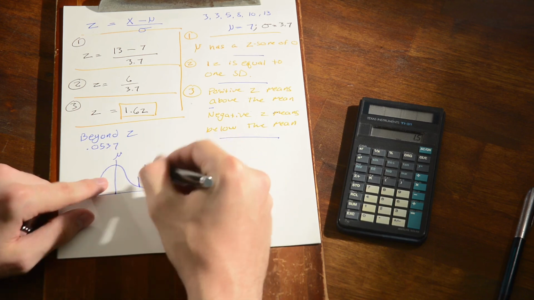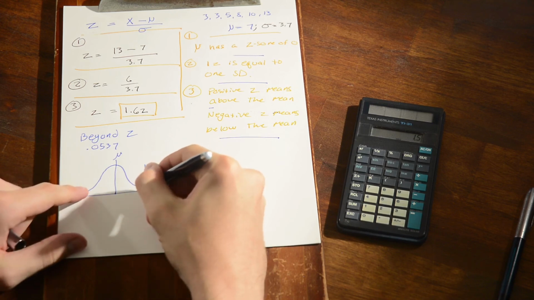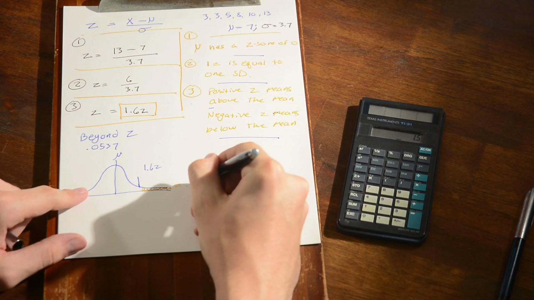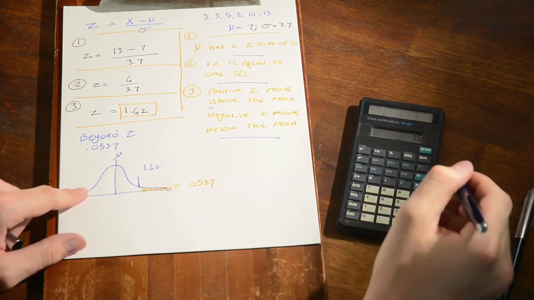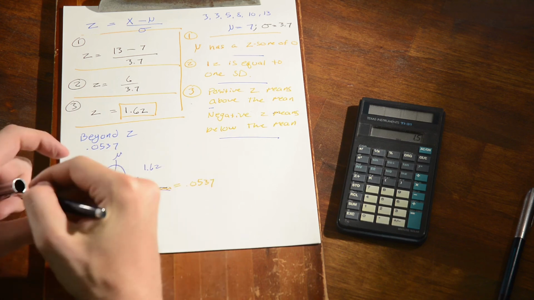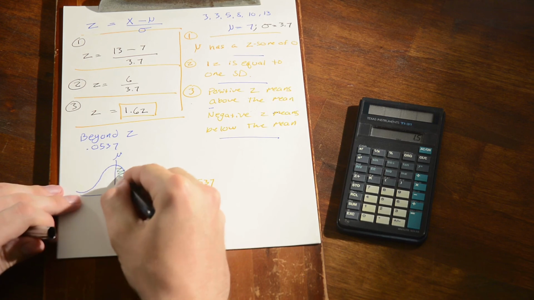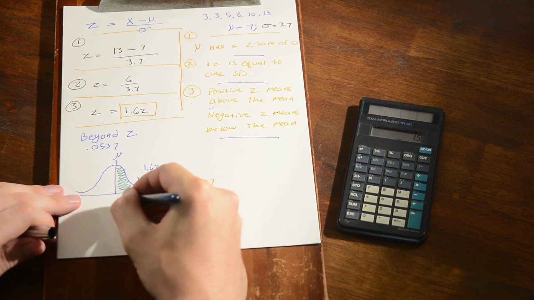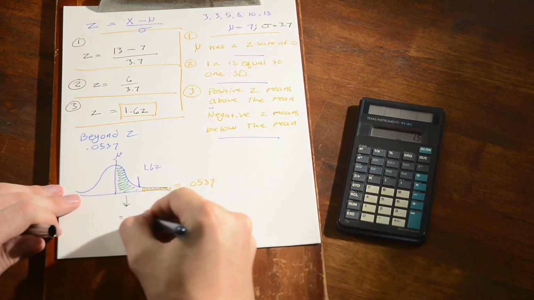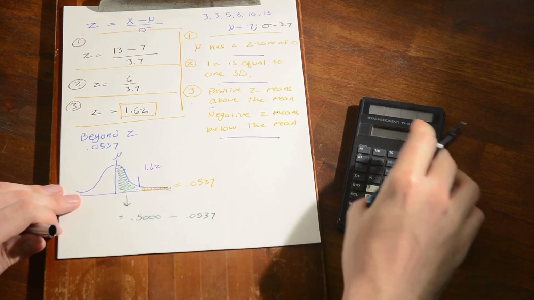This area here is equal to our 0.0537, which means this area in green is equal to 0.5000 minus 0.0537.